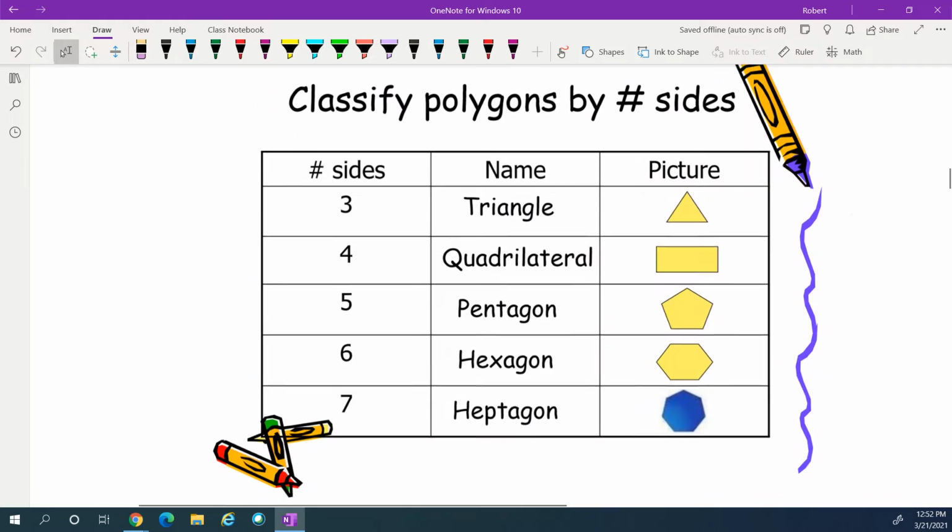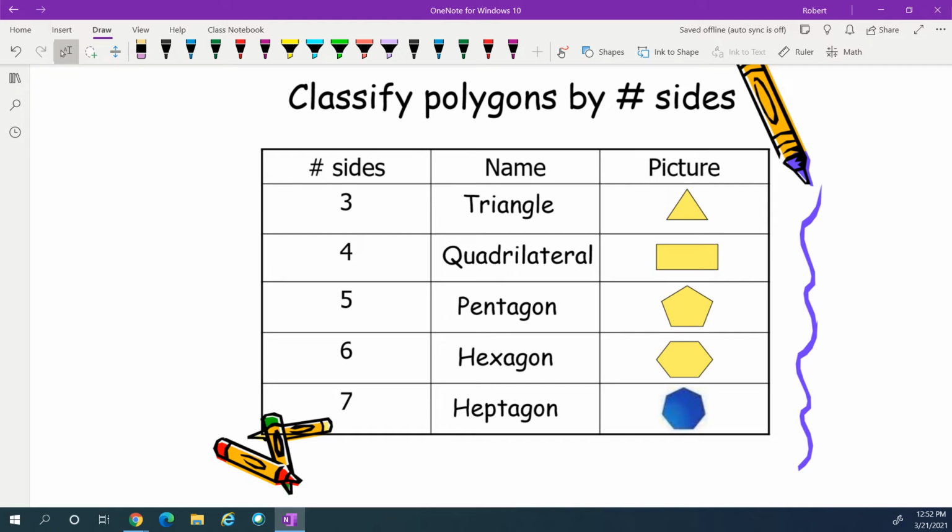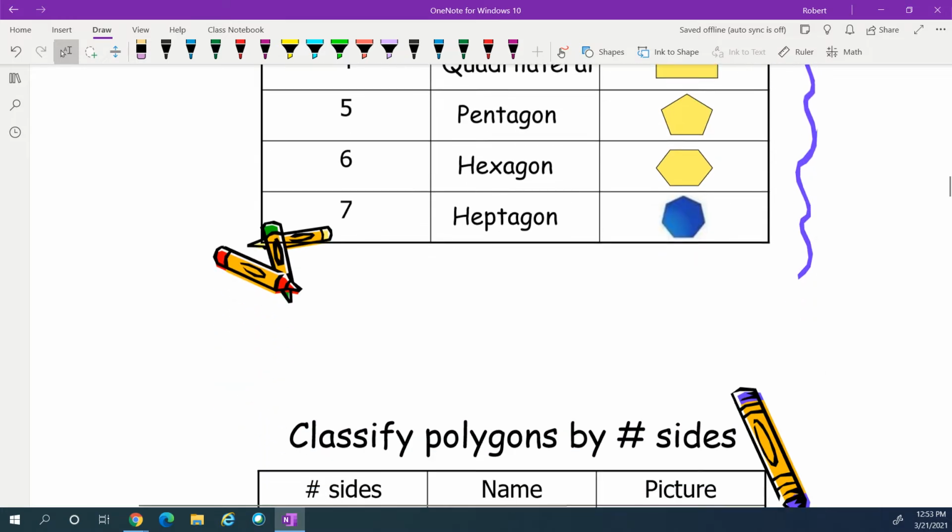We also have some vocabulary for the names of these shapes, classifying these polygons based on the number of sides, the smallest one being a triangle, the next being a quadrilateral, and it goes on from there. You can certainly read the next two slides and get very familiar with the names of these polygons. They've all got names, but we're only going to go up to a certain point. On our first slide here, it goes up to 7, a heptagon.